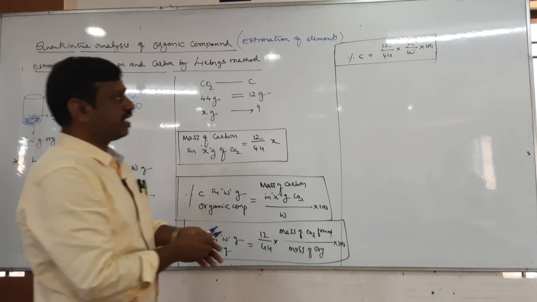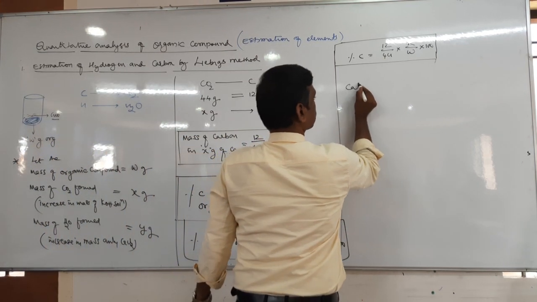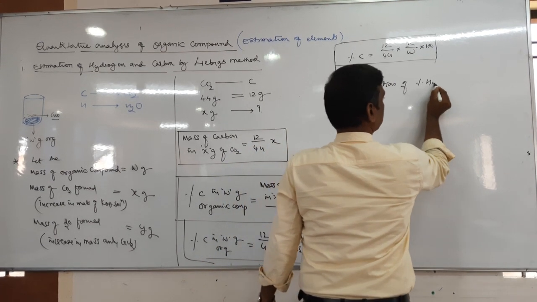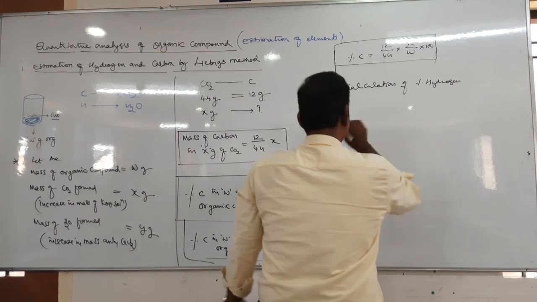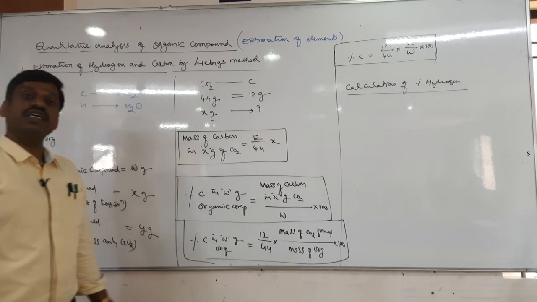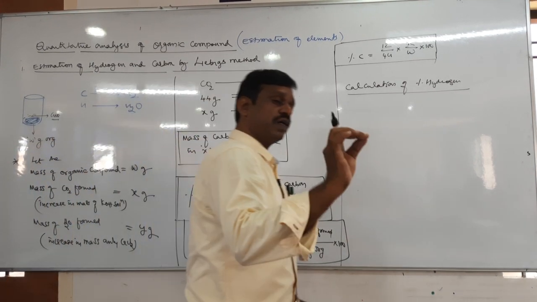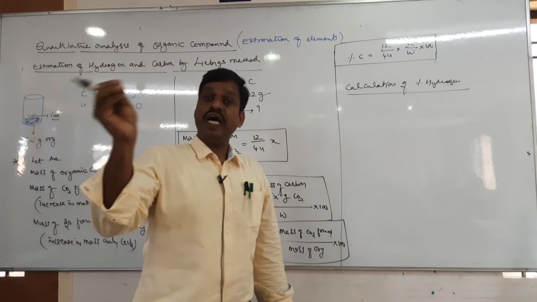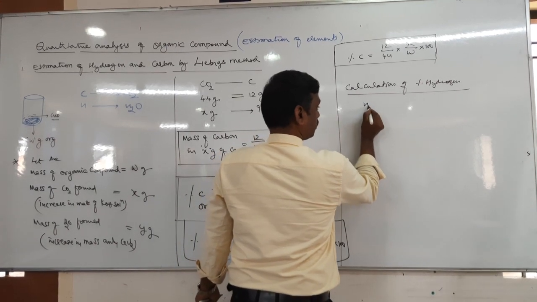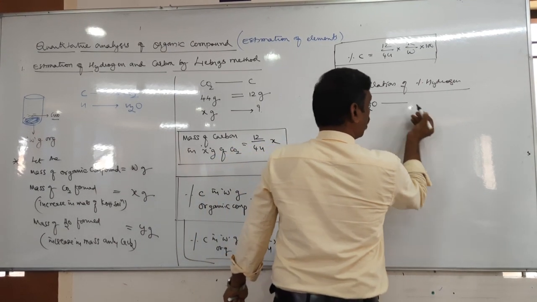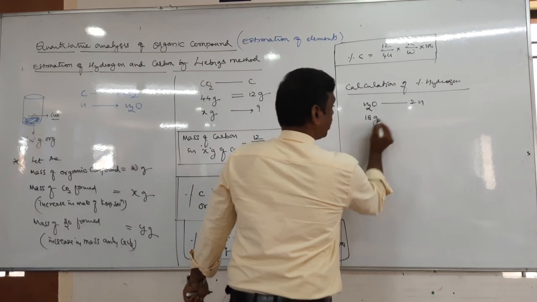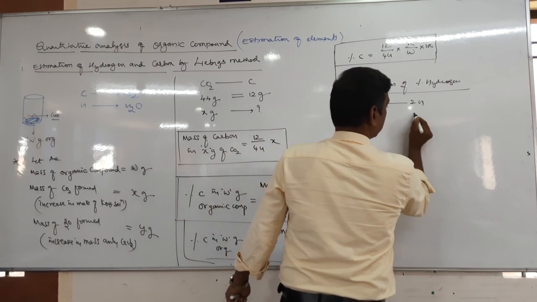So now, calculation of percentage of hydrogen. How do you calculate it? If hydrogen is present in the organic compound, it is converted into water. One water has 2 hydrogen. The molar mass of water is 18 gram, and of hydrogen 2 gram.